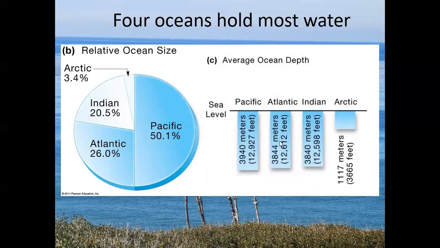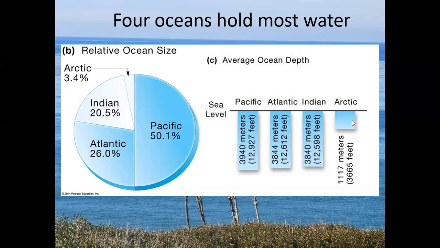So what else makes an ocean an ocean? Well, you've probably heard the phrase, deep as an ocean. And indeed, that is the case. All the deepest points on Earth's crust are in the major ocean basins, with the deepest places being in the Pacific, then second deepest in the Atlantic, and the Indian also has deep places.